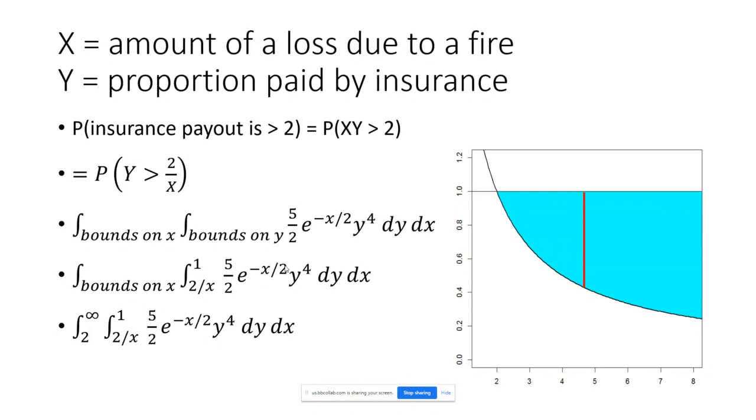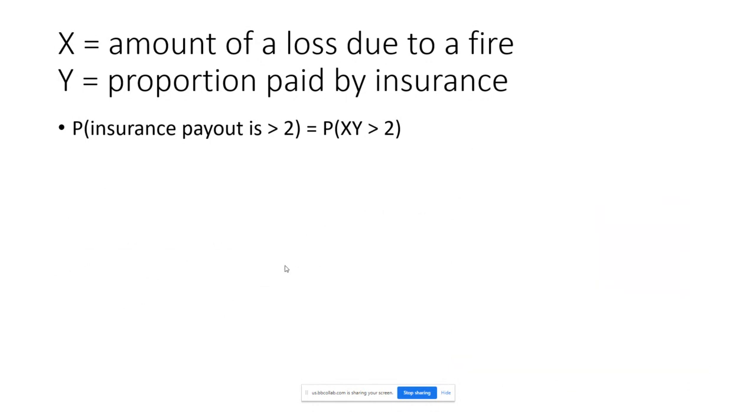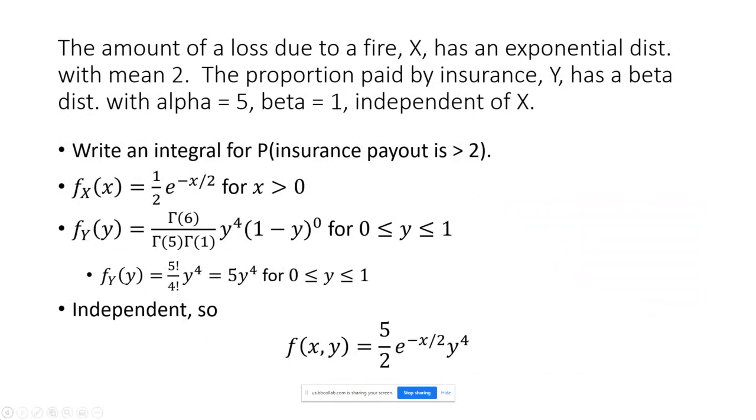Kyle. So when we multiplied the two PDFs together, that gave us f of x comma y, that's the joint density function. And the reason we could do that was because the problem told us that x and y were independent.